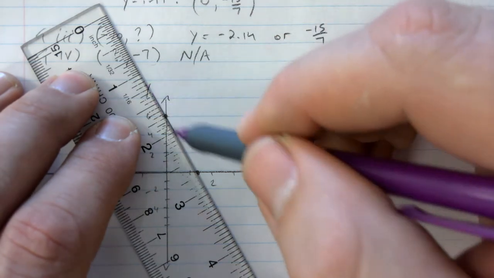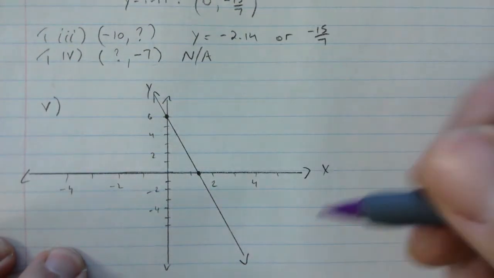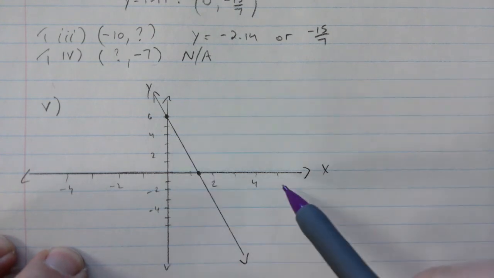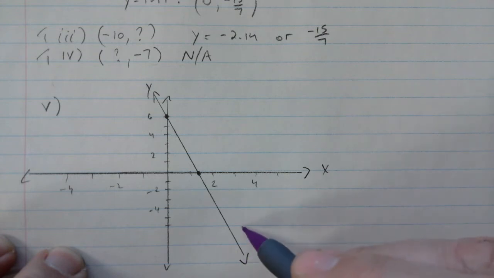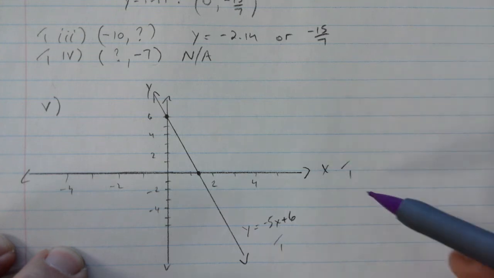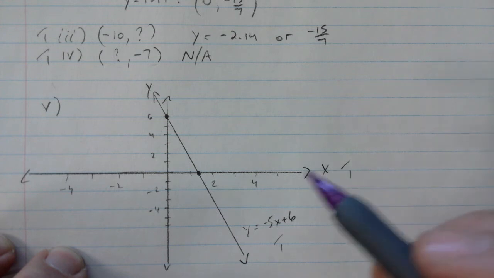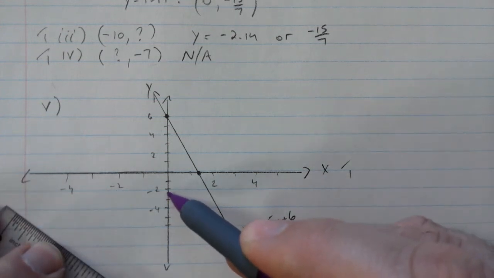And we have a line there. So if you have the x and the y axis and the scale, that is one mark right there already. And then we'll give you another mark for this one. You get one mark for that, one mark for labeling axes and having scales. And then the last one is -2.14, which is right about there.